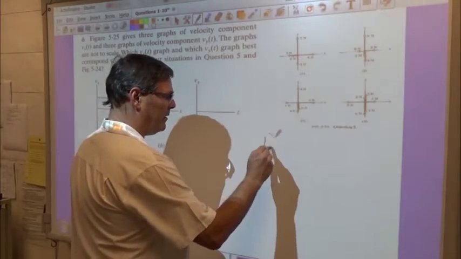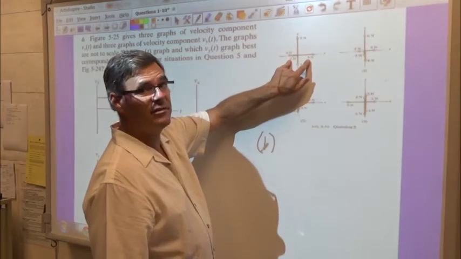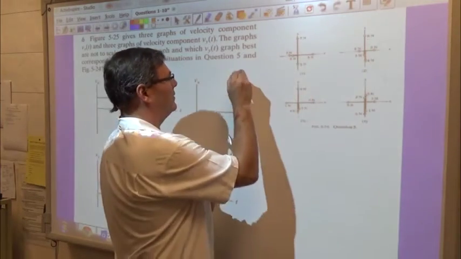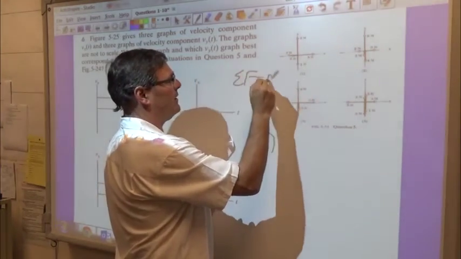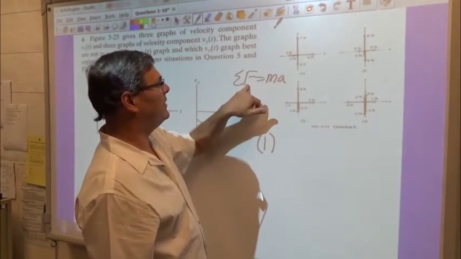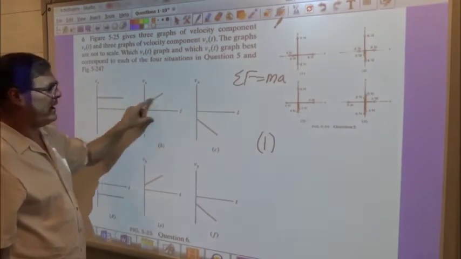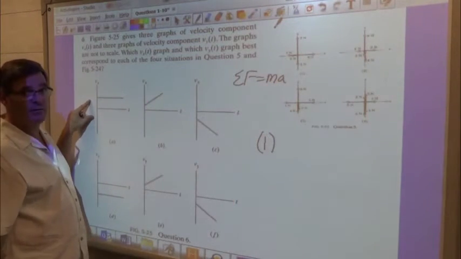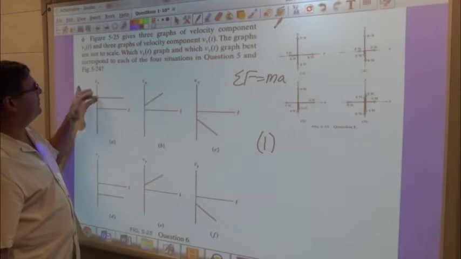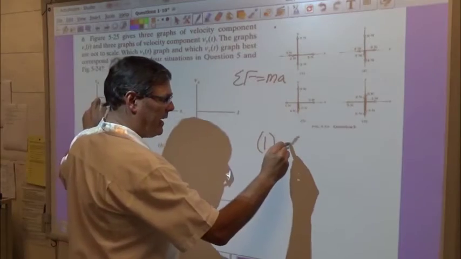So for diagram number 1, I had a net force in the x of 0. The sum of the forces is equal to mass times acceleration in both the x and the y. So if the forces in the x are 0, the acceleration in the x is 0. And which of these graphs corresponds to 0 acceleration? Well, this graph has constant velocity. So that's A.